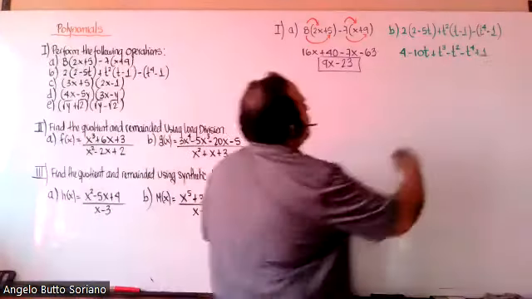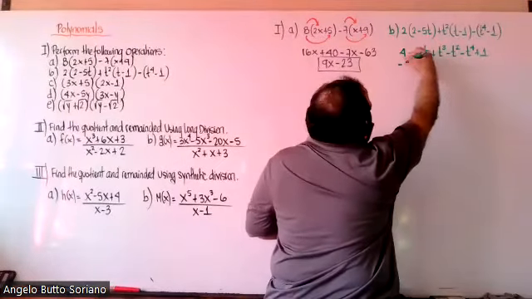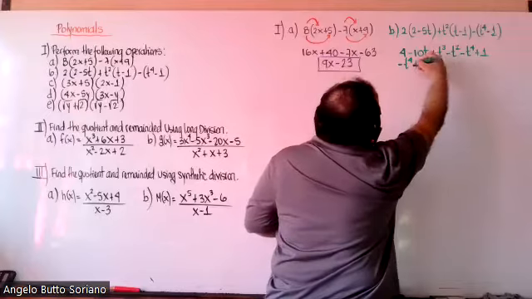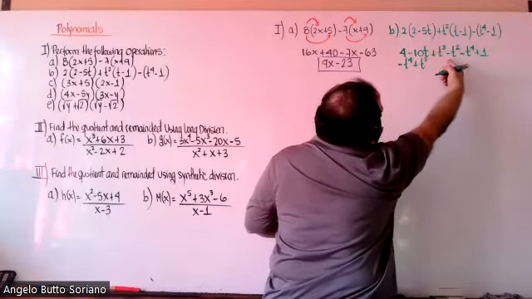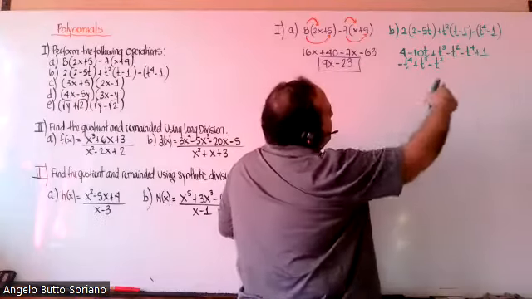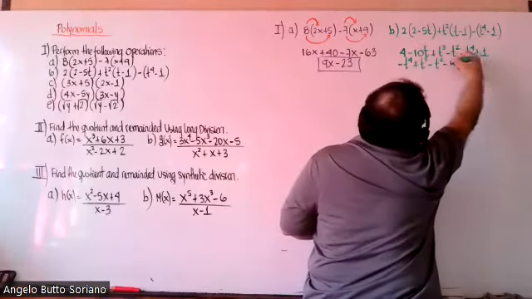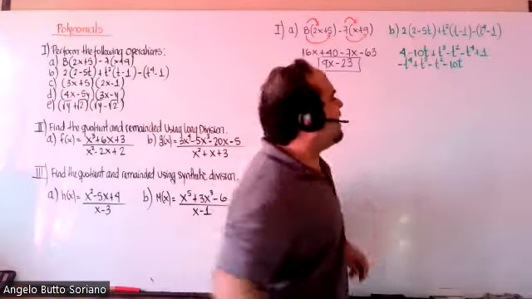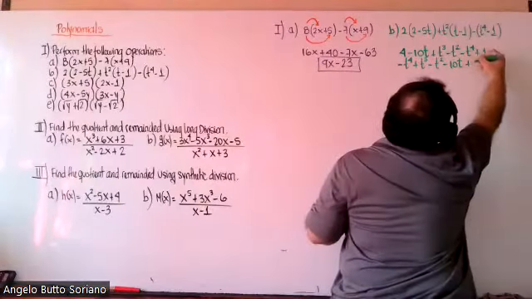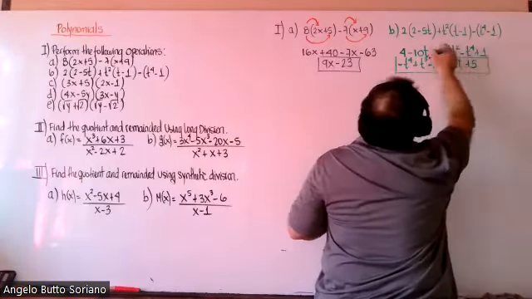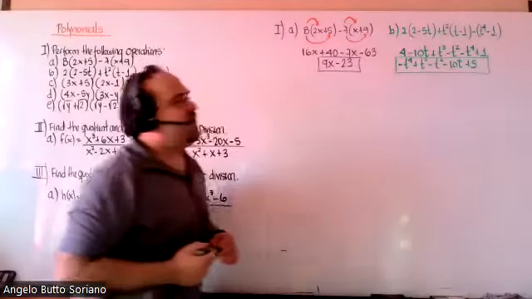Well, that will be the first term, I mean, negative t to the 4th power. After that, we continue with t to the third power. After that, negative t to the second power. After that, we have negative 10t. And finally, 4 plus 1 will be 5. And this is going to be the answer for the letter B.